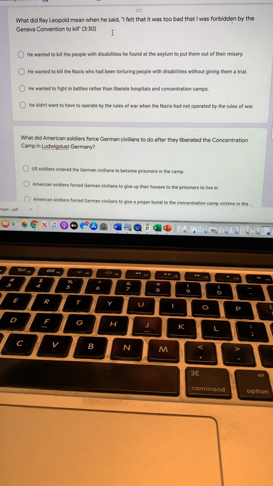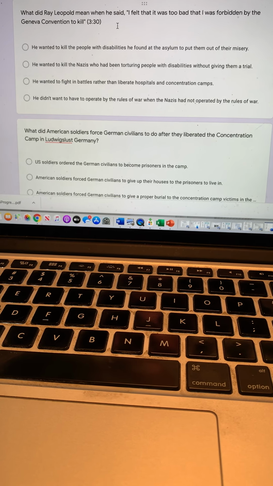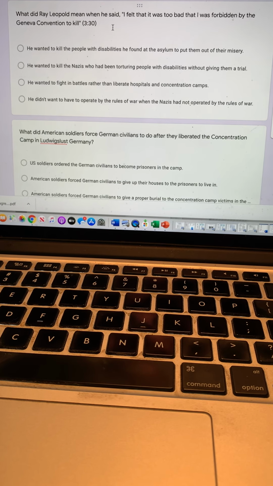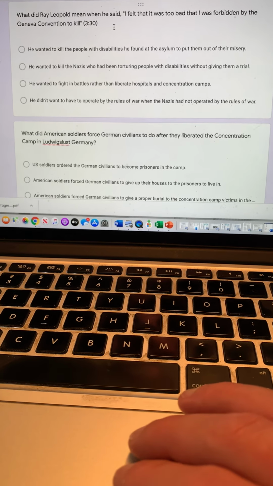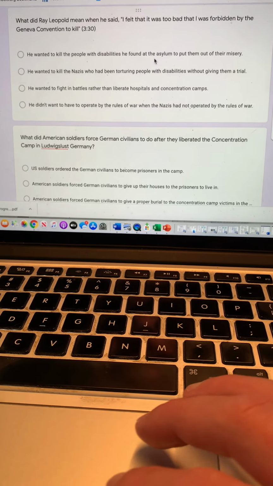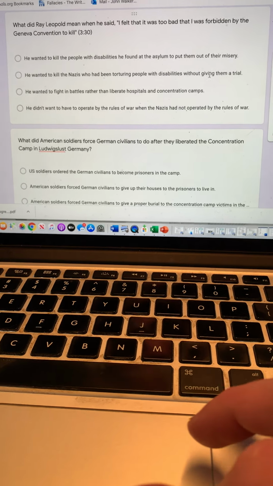You're not allowed to kill prisoners after they surrender. He said it was hard for him. He wanted to kill because of what he saw those soldiers had done to the mentally ill people in the Hadamar asylum. And so he wanted to be able to kill those Nazis.